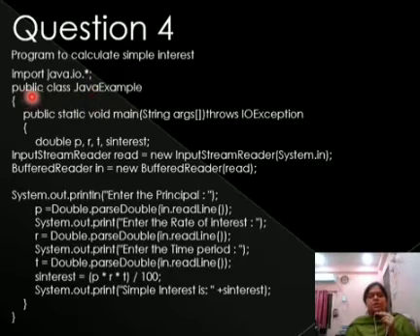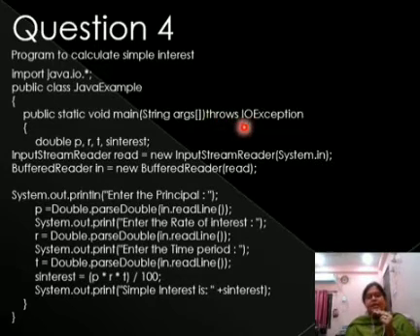Then we have taken a class, public class JavaExample. Public is optional, it is your wish whether to write it. Then we have public static void main(String args[]), where the brackets are the sign of an array, and here we write throws IOException. Throws is also a keyword.